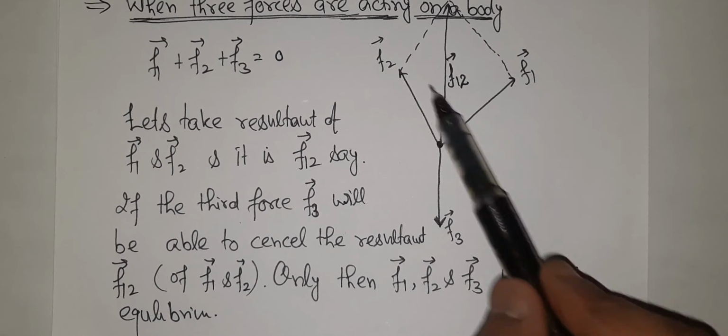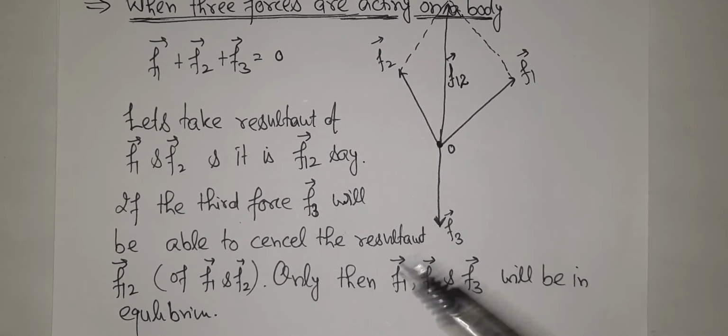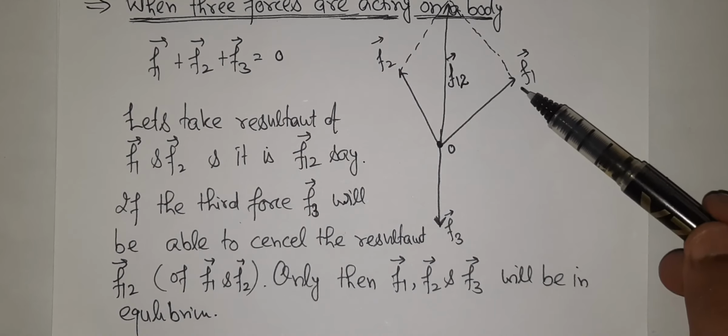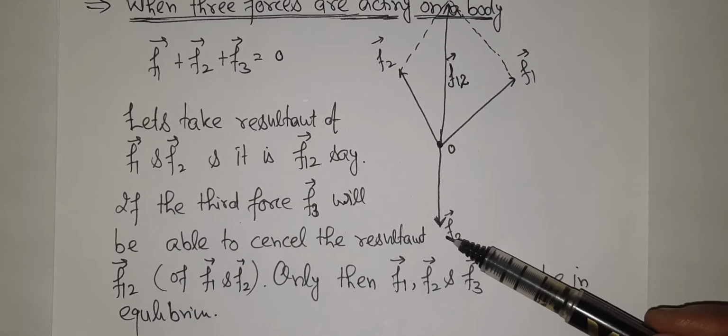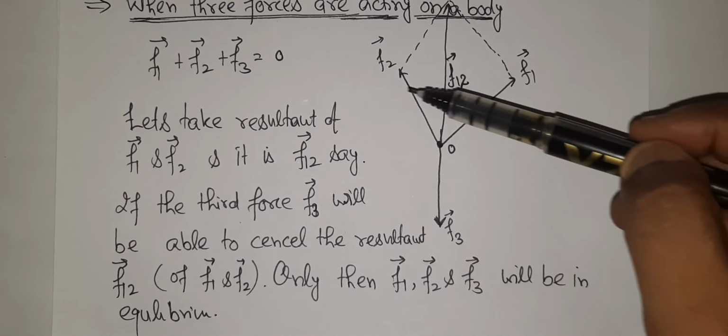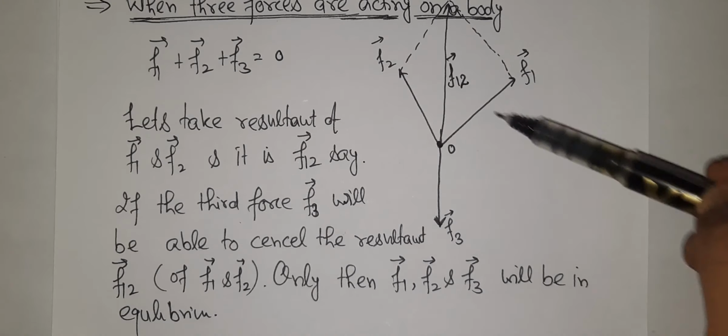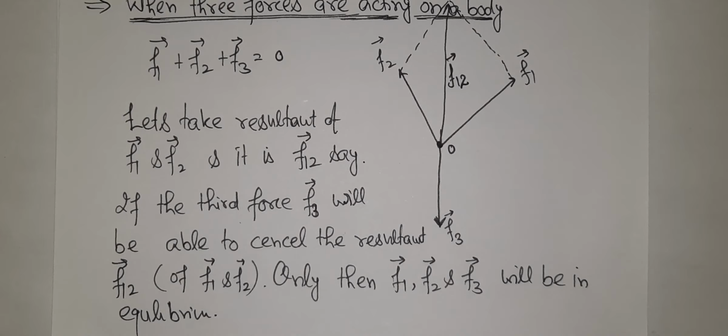The resultant of F1 and F2 is cancelled by F3, and similarly the resultant of F1 and F3 is cancelled by F2, and the resultant of F2 and F3 is cancelled by F1. Only in that very scenario will the three forces be in equilibrium.